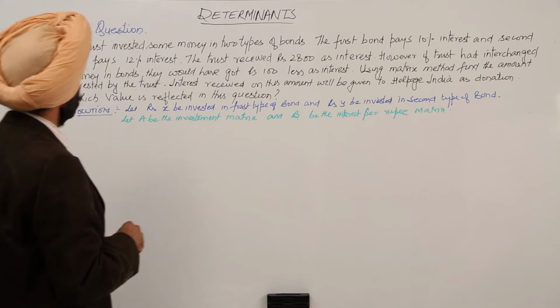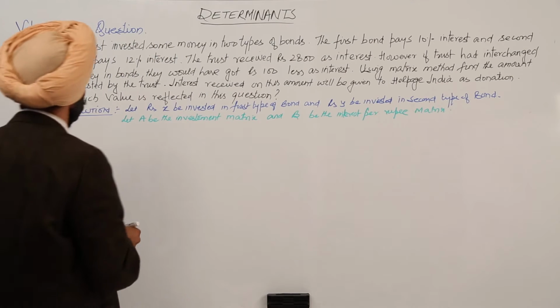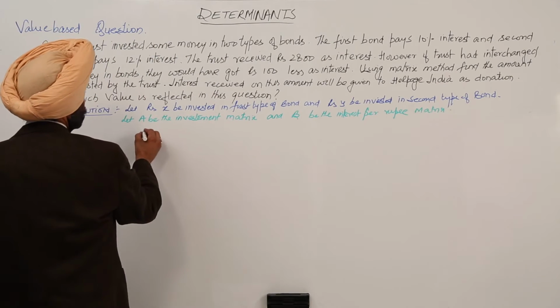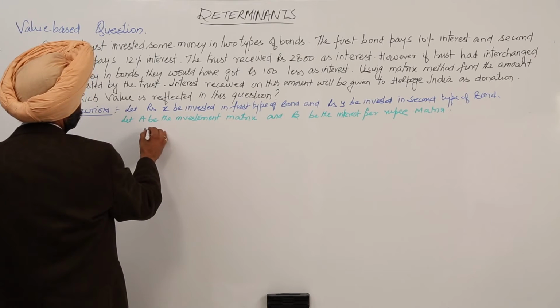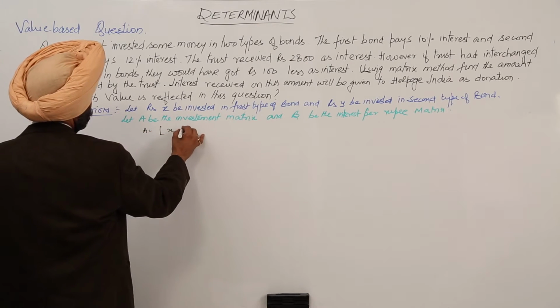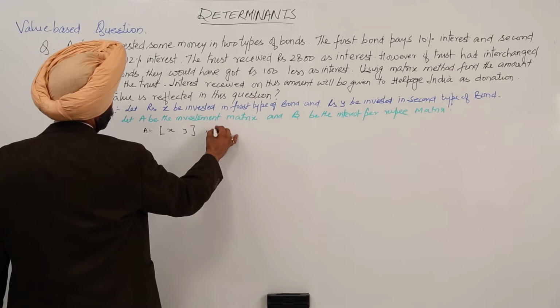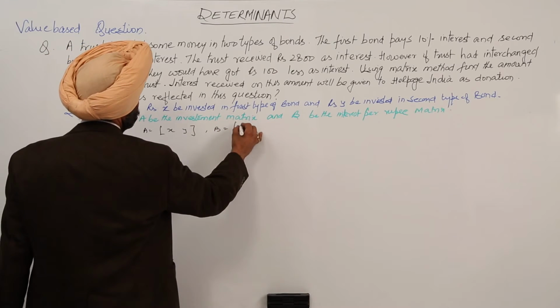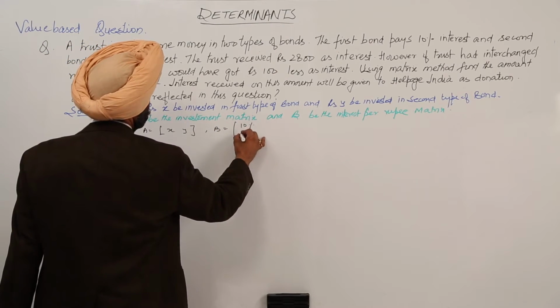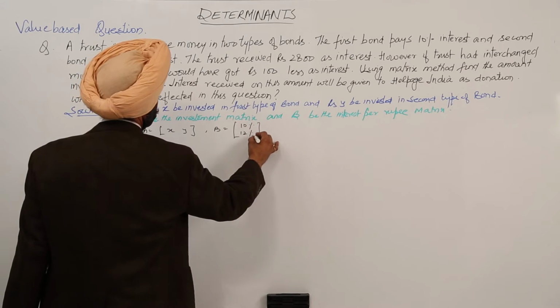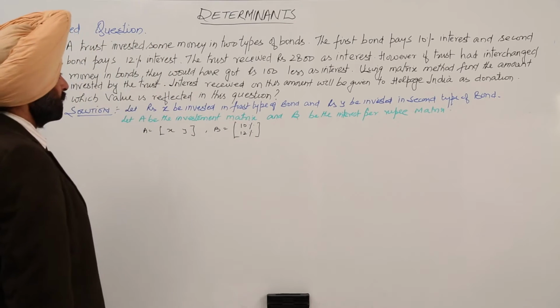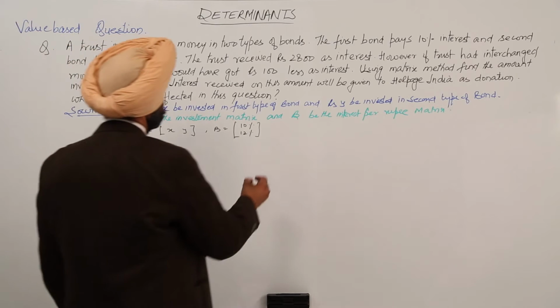So, now we are writing both in the form of matrix. Then A is equal to [x y] and B is equal to [10% 12%]. Okay, we have written in the matrix form now.